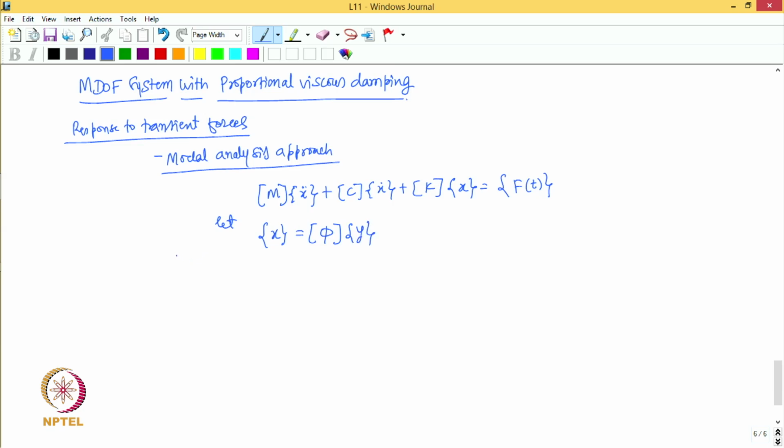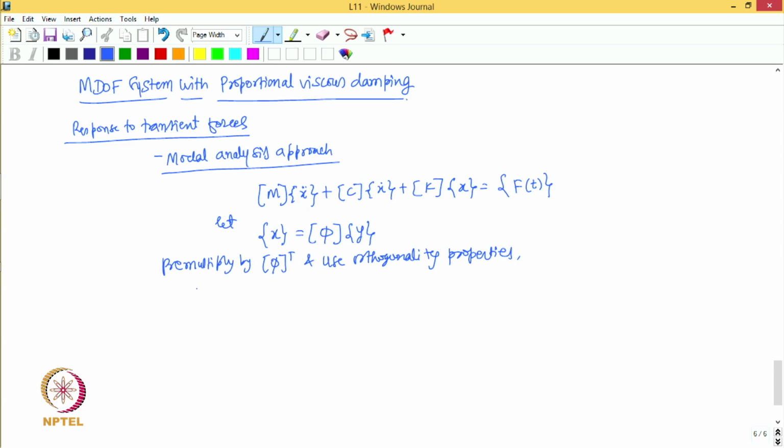And then after substituting this x, we pre-multiply by the eigenvector matrix transpose, and then we use orthogonality properties, right, of the eigenvectors. Okay.